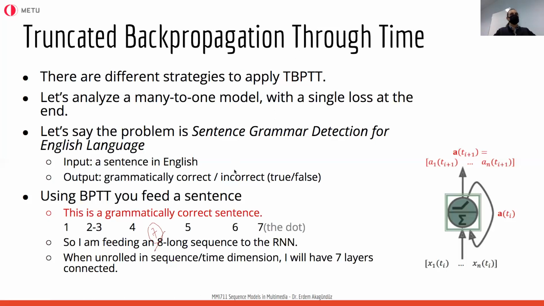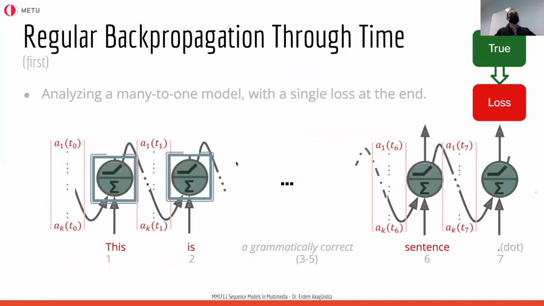Good. When unrolled in the sequence time dimension, I will have 7 layers connected if I am to apply a full backpropagation through time, which I'm not going to do, because this is an example of truncated backpropagation through time. So how am I going to apply it? First, regular backpropagation through time. I've got 7 layers. I have the loss at the end. I apply backpropagation for each sentence.